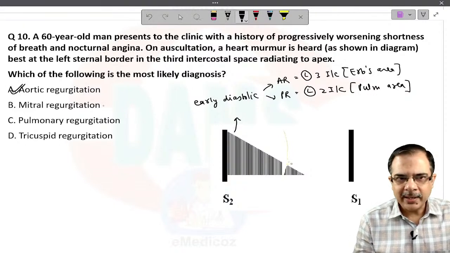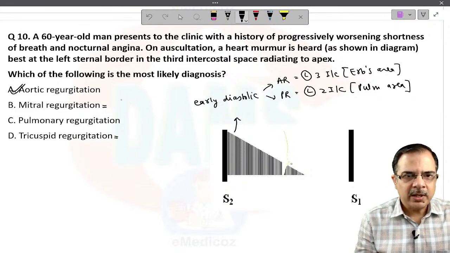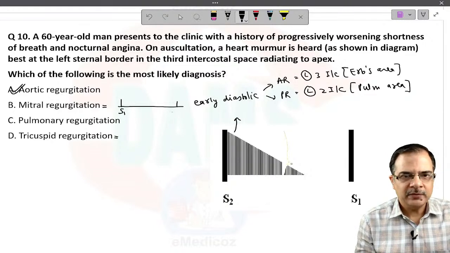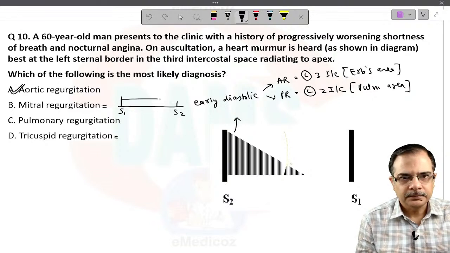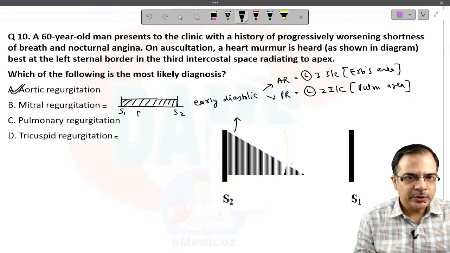In mitral regurgitation or tricuspid regurgitation, the murmur is like this, between S1 and S2. So this is a pan-systolic murmur.